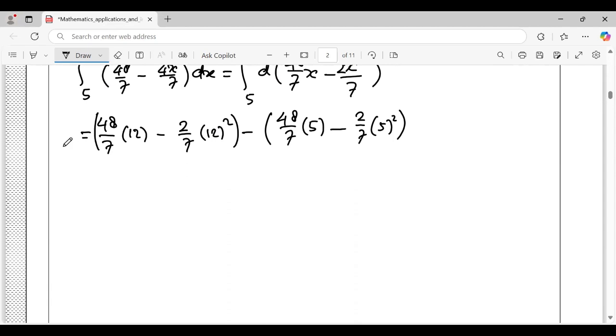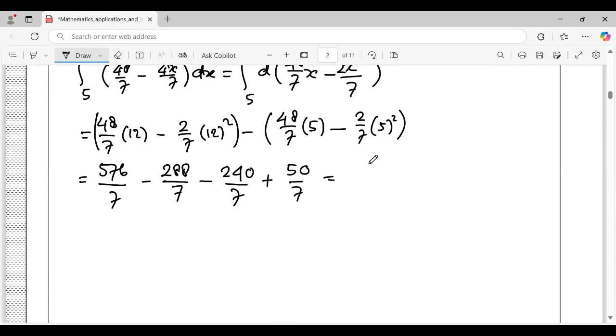If you calculate, it's going to be 576 over 7 minus 288 over 7 minus 240 over 7 plus 50 over 7. The result is 98 over 7, which equals 14.